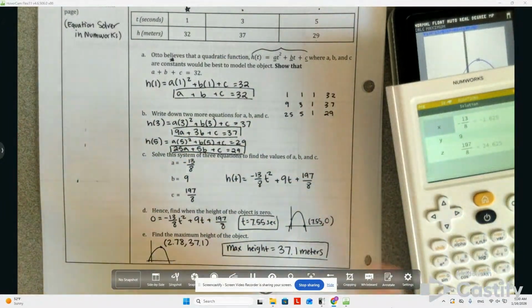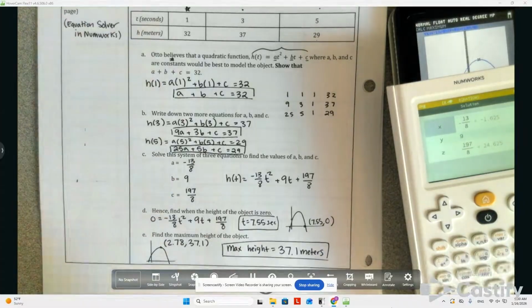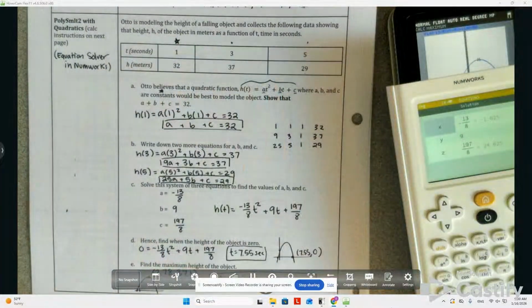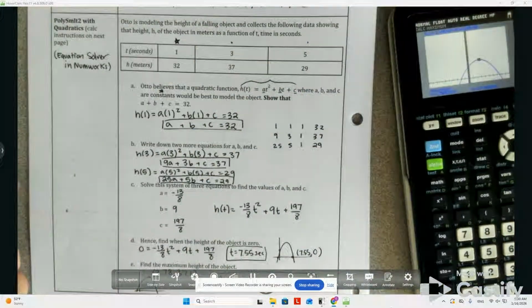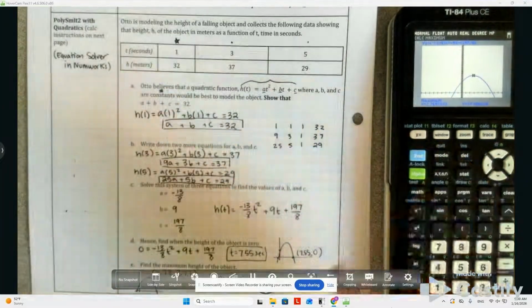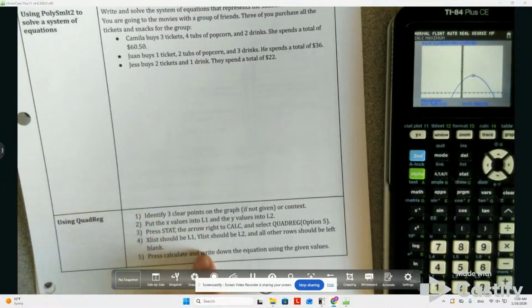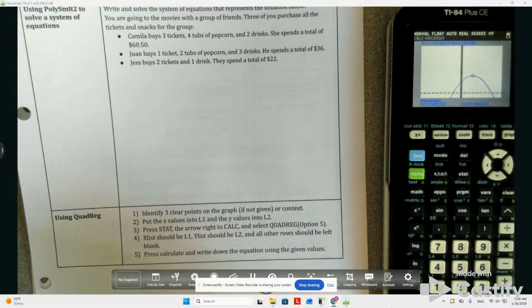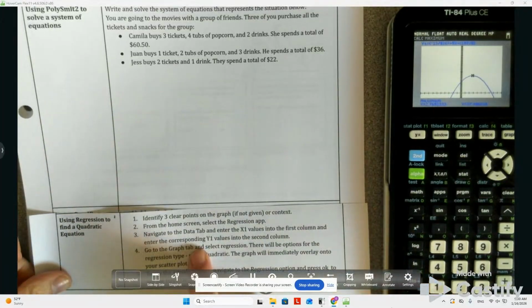We'll see another example in the back, but this problem is one where we're given 3 points and asked to find a quadratic equation. Another way we could do that would be to use quadratic regression in our calculator, which we have some notes down here on how to use QuadReg in either NumWorks or TI.